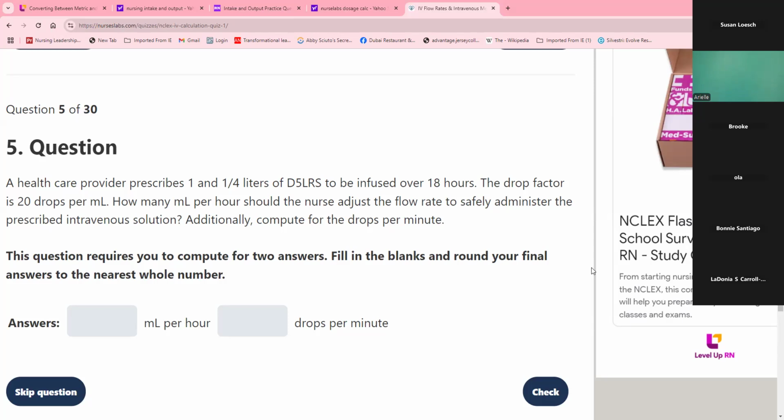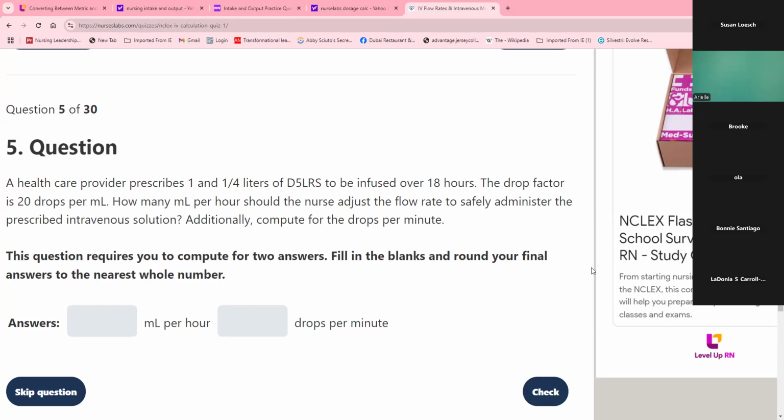So you're going to multiply it times 1,000. You get 1,250. So now you have 1,250 mLs of fluid. That's your total volume. That's going to go on the top of your problem.